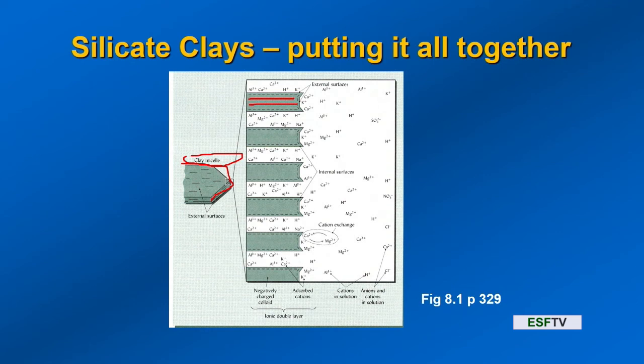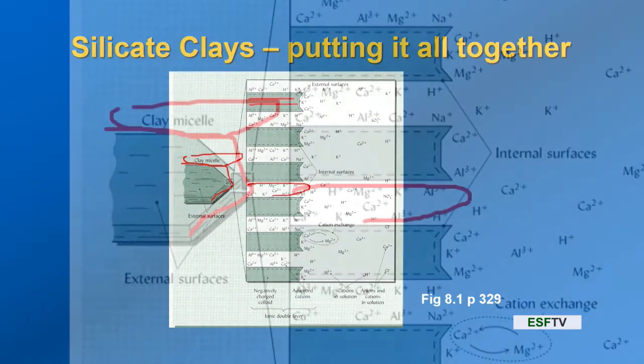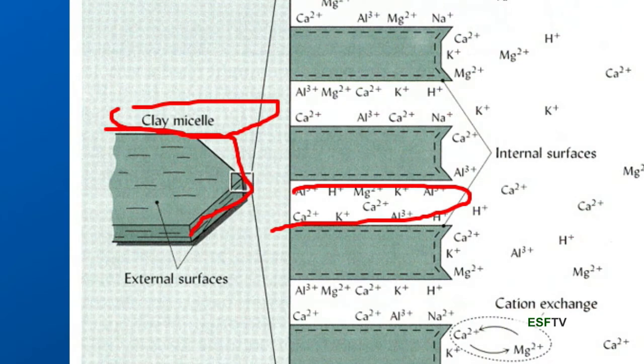We expand this little piece, take this little nick out of it, and take a wider look, and we see surfaces in between these layers that have adsorbed cations, and also water, though not pictured here. So here we have internal surface. It's not just the external surface. That's important, and that's already huge, but now we add an order of magnitude. Within this crystal, we have surfaces in between. That's cool.